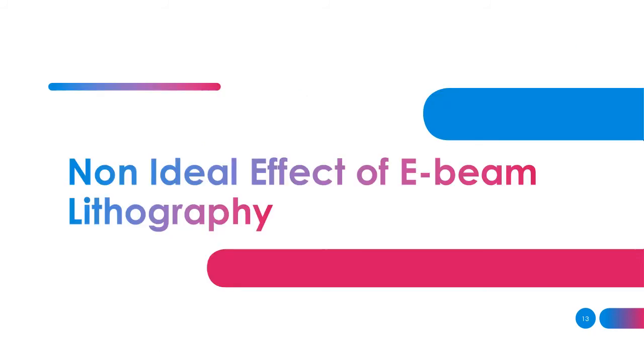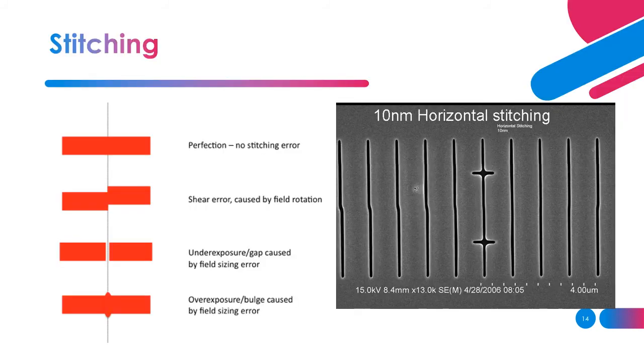There are a lot of non-ideal effects of electron beam lithography. However, in this class, I'm going to show two non-ideal effects so that you can see some errors that might happen in the process. Stitching is one of the problems in EBL.